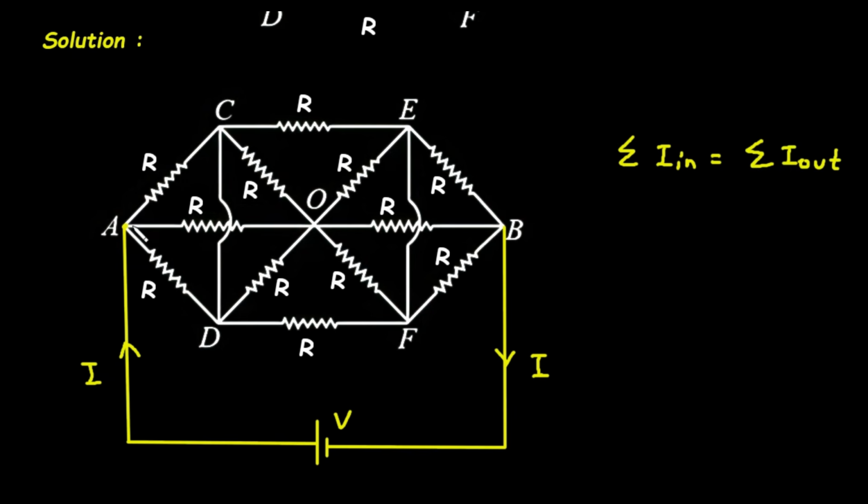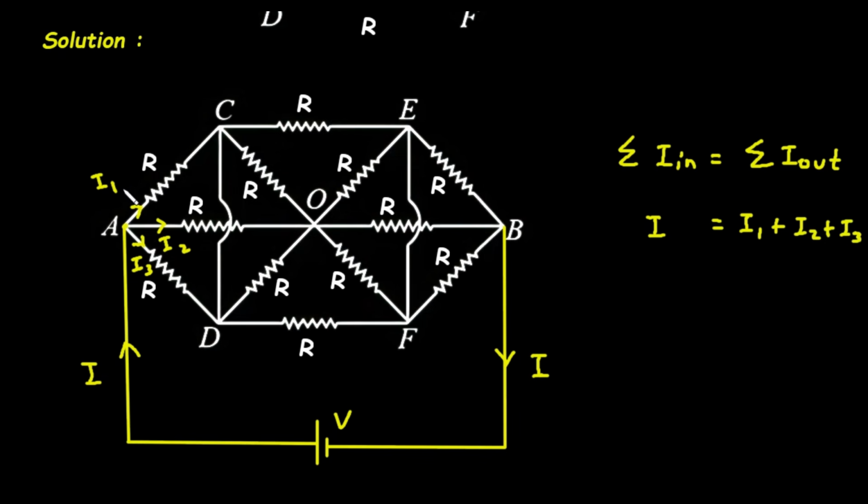Here at this node, the current entering is I. Let's say this current is I1, this current is I2, and this current is I3. So I is equal to I1 plus I2 plus I3.